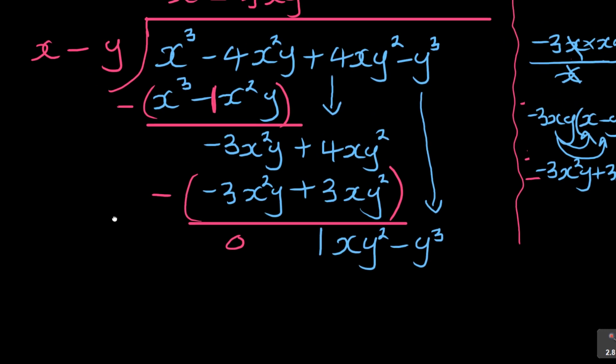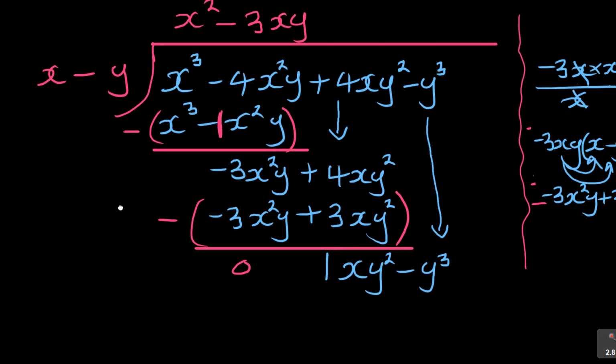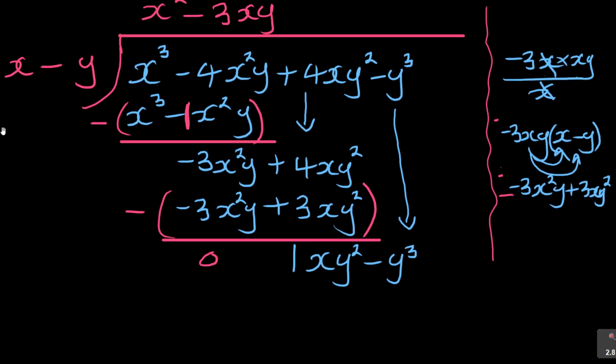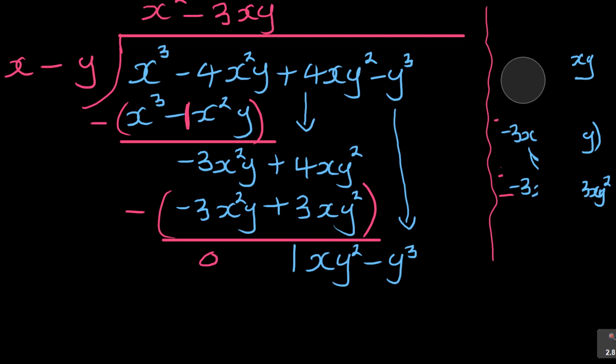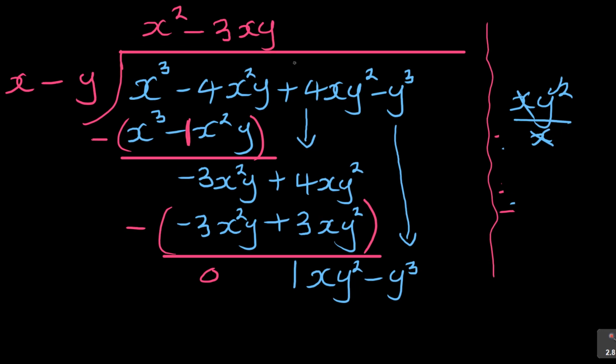Again, you repeat this. You repeat to say x into that. Now let me take it a little bit there. You are saying you're now here. So what you're going to say, erase this because it's repetition we're going to do. But now we are saying xy squared over x. So that x cancels, you are left with y squared. You see that? So here on top you are going to say plus y squared.